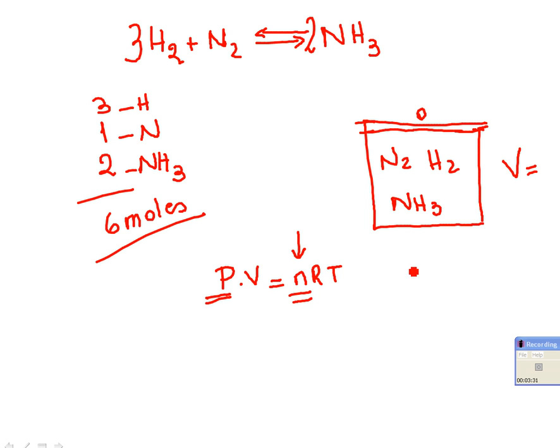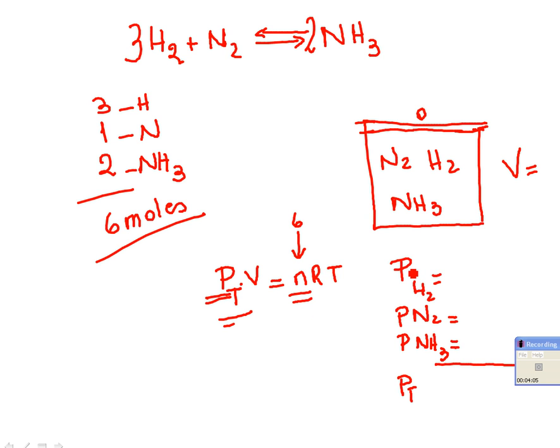So we are going to have a pressure for the hydrogen, a pressure for the nitrogen gas, and a pressure for the ammonia. If we add them up, we have the total pressure, P. I'm going to put P total here. Okay, and if this is 6, this is P total. But we can calculate the pressure for any gas, and that is what we call partial pressure.